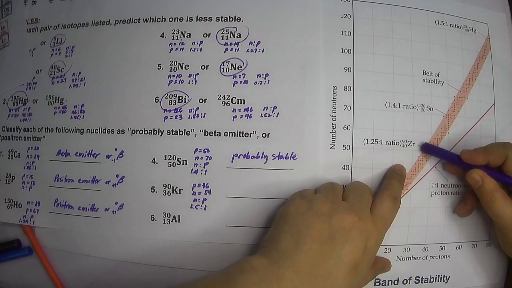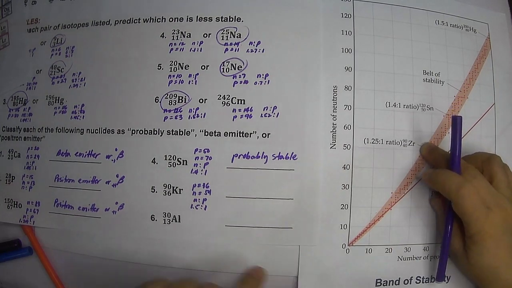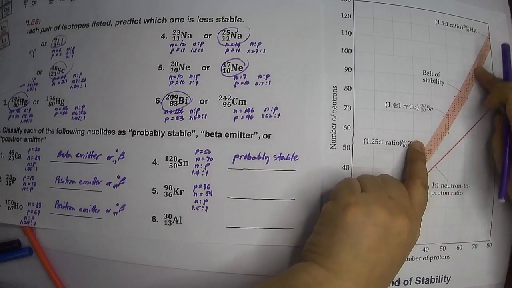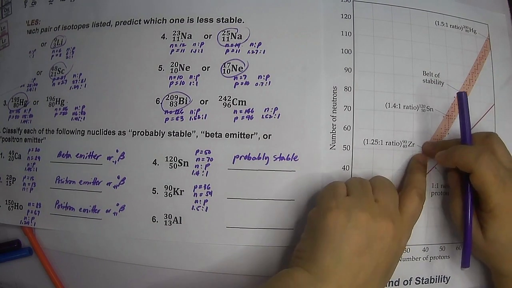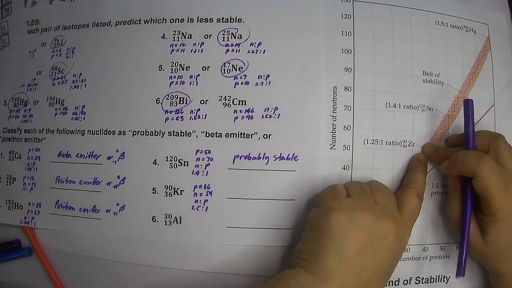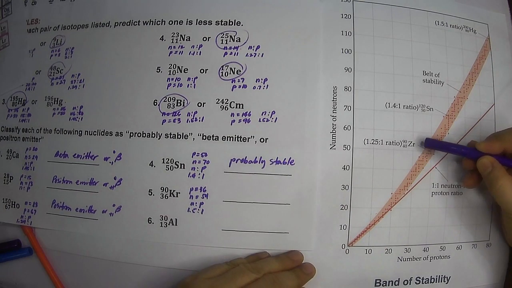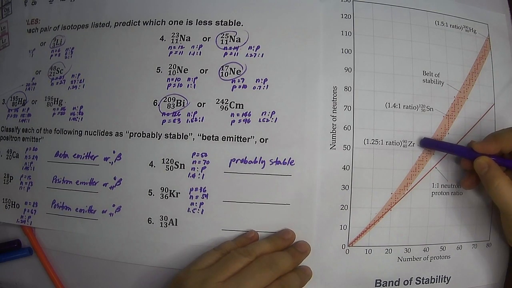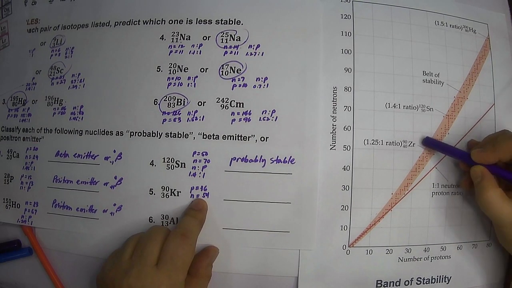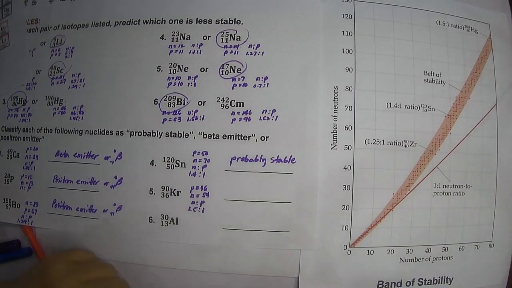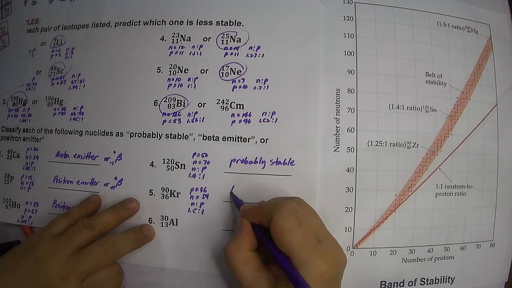So 36, we extend that to 54 here. It's above, and the ratio is 1.5:1. The 1.5 is towards the end, at the upper. The ratio here is between 1.25 to 1.4, and it is in this area the neutron to proton ratio falls. We have 36 and 54 here. So it's above the belt of stability, therefore it is a beta emitter.